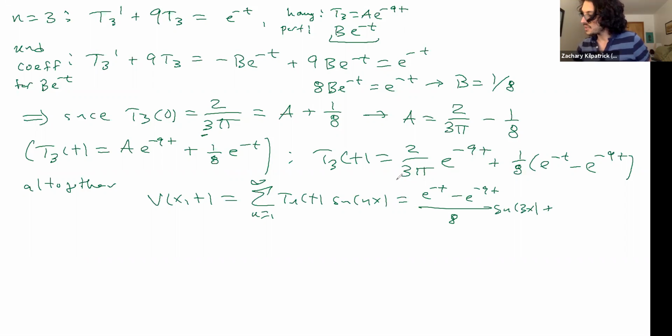And then this term here, right, is like just what happens with all of the other terms. So I have a 2 over pi here out front, sum from n equals 1 up to infinity, e to the minus n squared t over n sine of nx there.